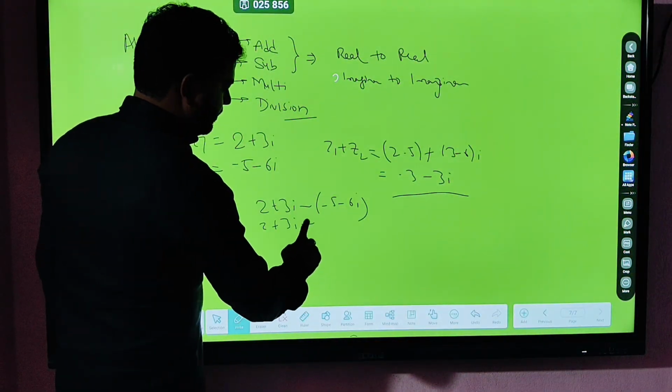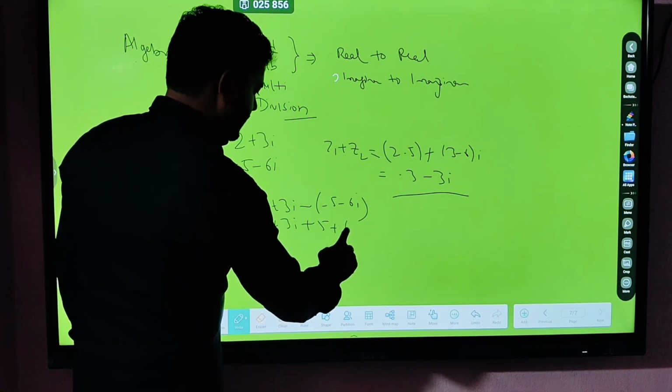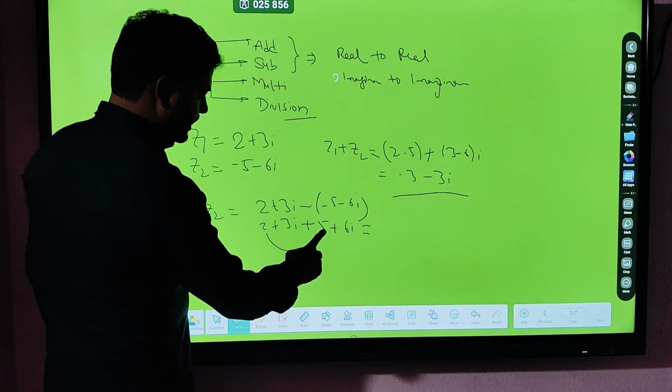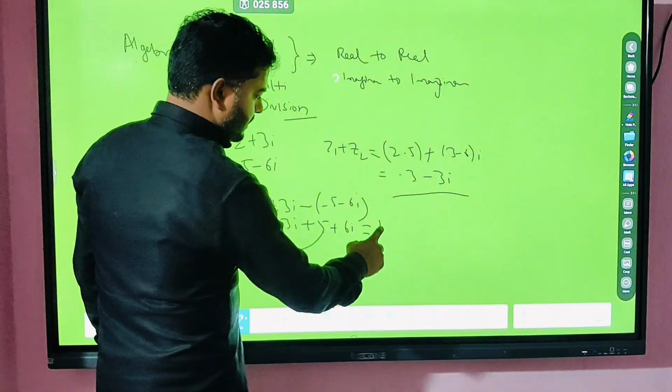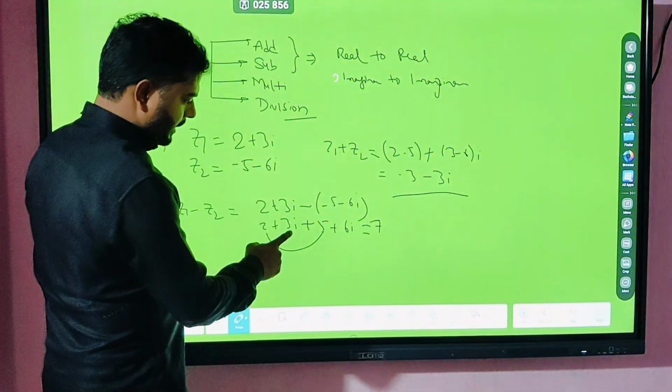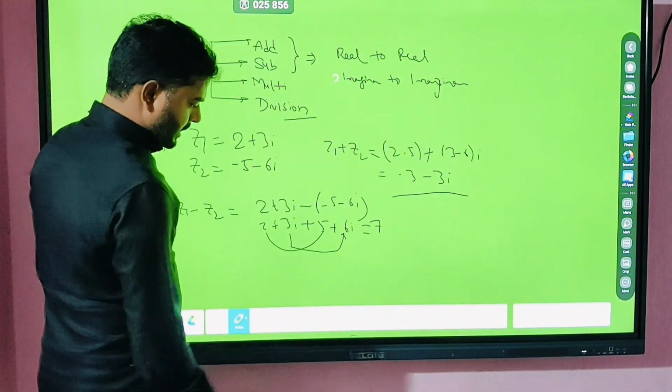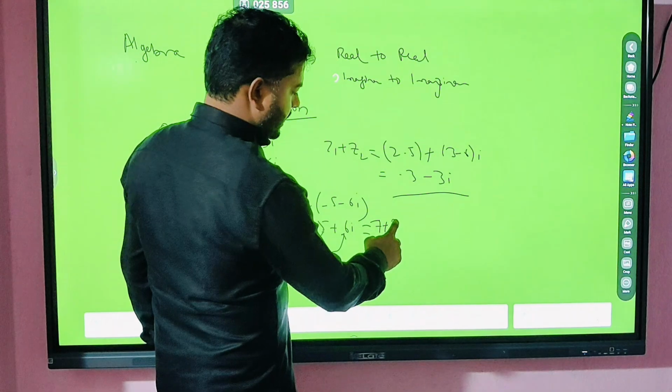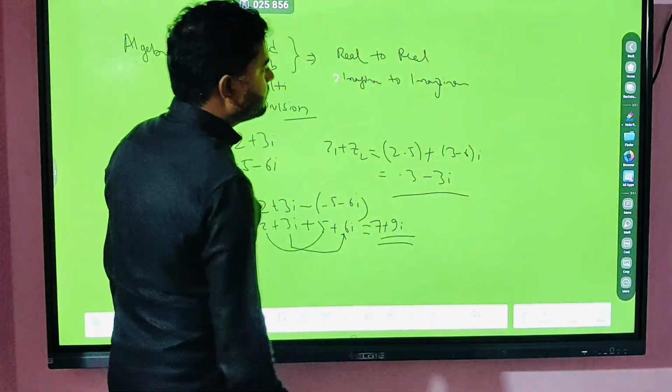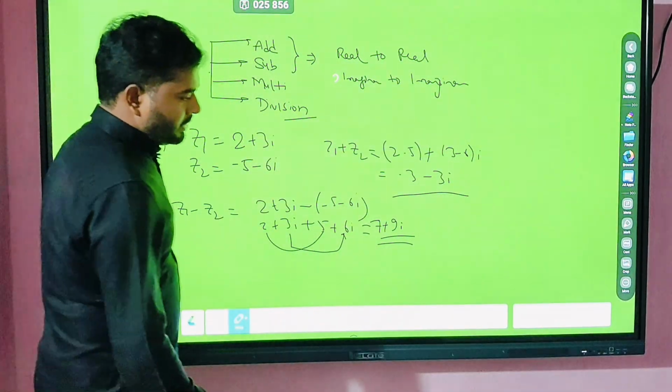So we get 2 plus 3 iota plus 5 plus 6 iota. So 2 plus 5 is 7, and 3 plus 6 is 9 iota. That's the answer. Okay, addition and subtraction is very simple.